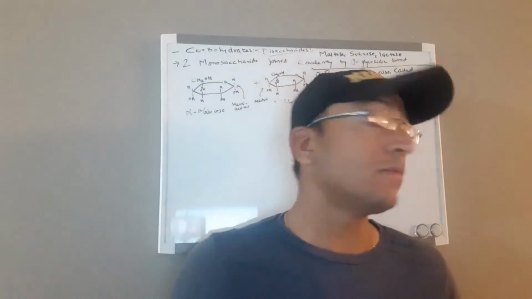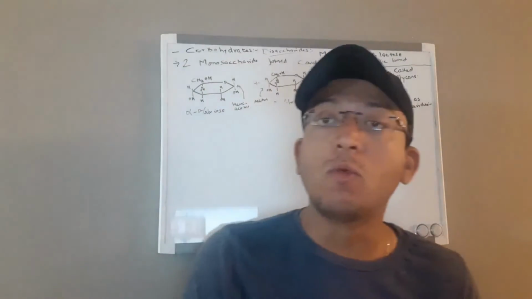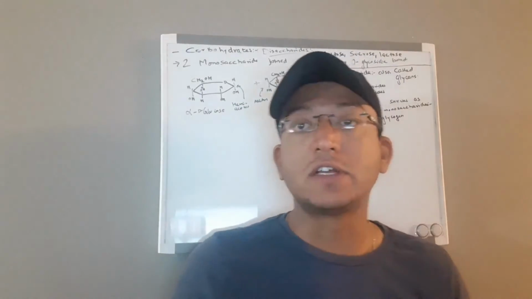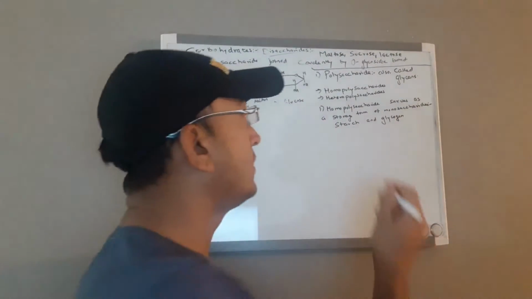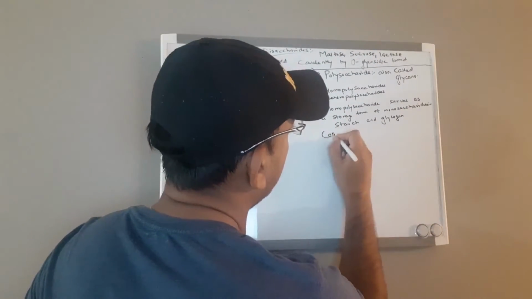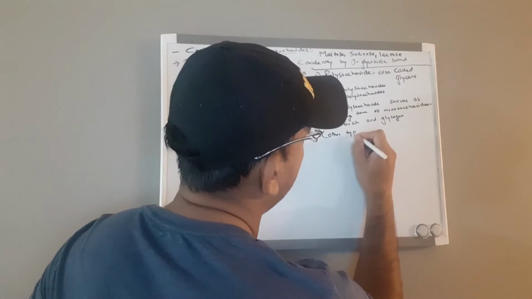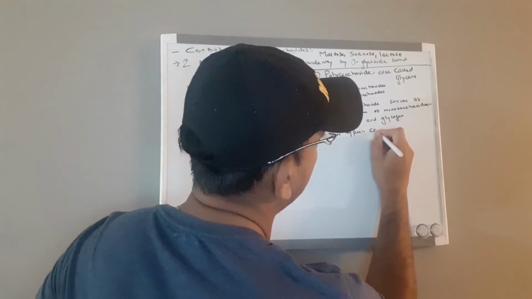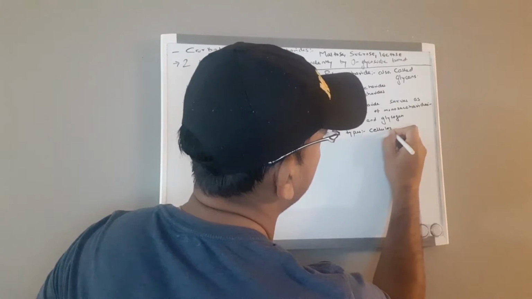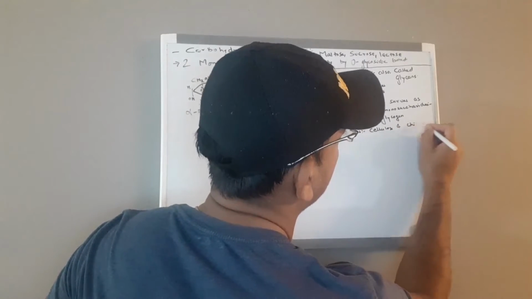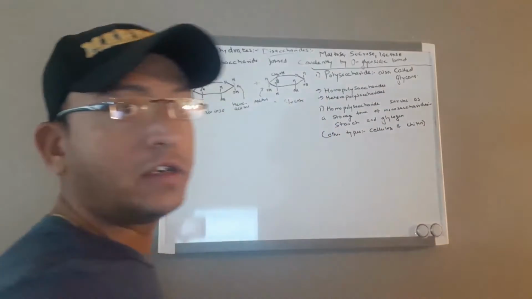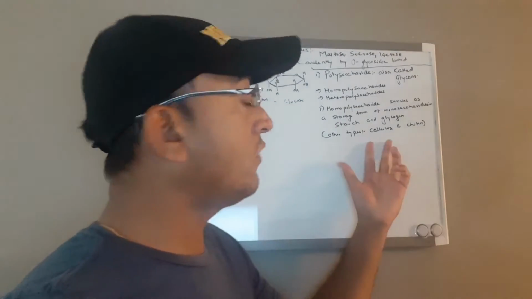Besides these, there are other types of homopolysaccharides as well, such as cellulose and chitin. What is the function of these two?